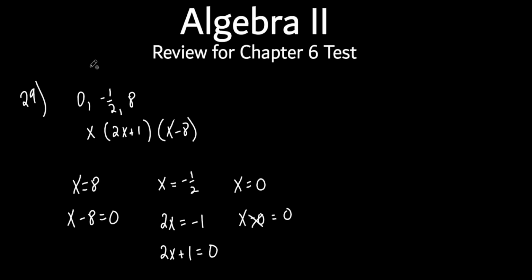Again, remember doing the work, solving for x, and sometimes you get something that looks like this. And so what did you end up doing? You set it equal to 0, so you write x equals 0. There it is. Okay, 2x plus 1 equals 0. And then x minus 8 equals 0. Does that make sense? All right, so this is how we would set that up.